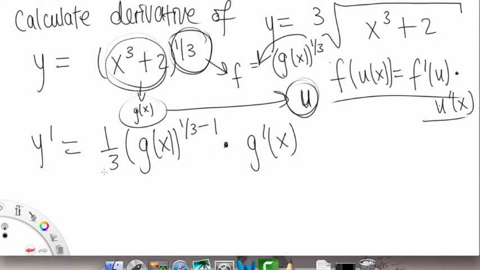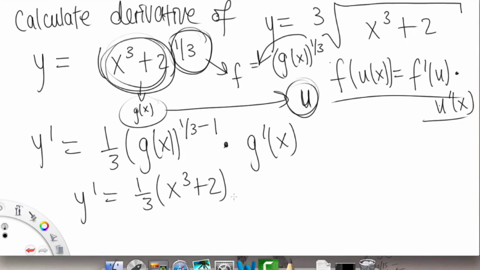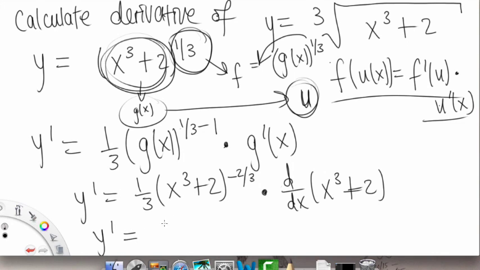Now, moving along, y prime is equal to 1/3 times g of x, and I'll replace that, so that would be x to the third plus 2, because that was the inside already. And up on the power, we have a negative 2/3 left, and then we have times the first derivative of the inside, so d dx of the inside, that's x to the third plus 2.